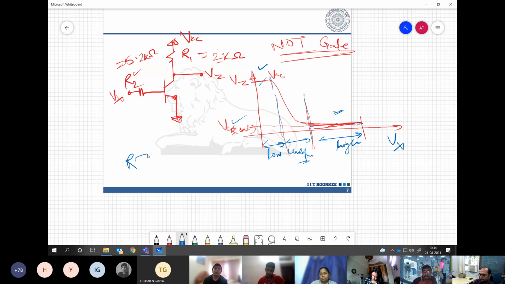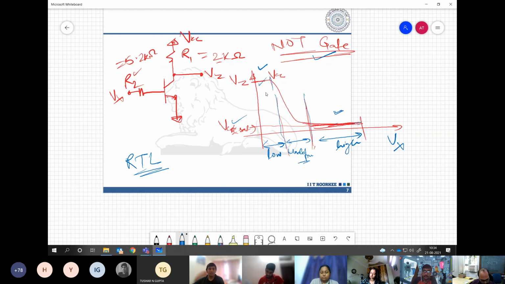So this is what we are doing with RTL. We have realized the NOT gate. So with RTL we can realize some more gates. Let me check if something is remaining in this. Then we will go to other logics.